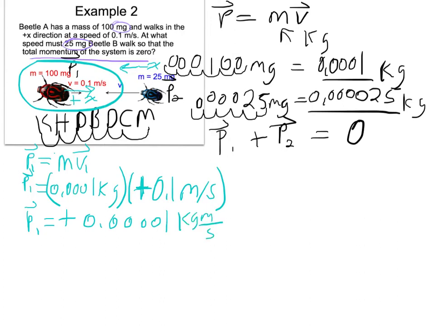So now we need to be able to add that to bug 2's momentum and get 0. So let's write this out. We need P1 plus P2 to equal 0.